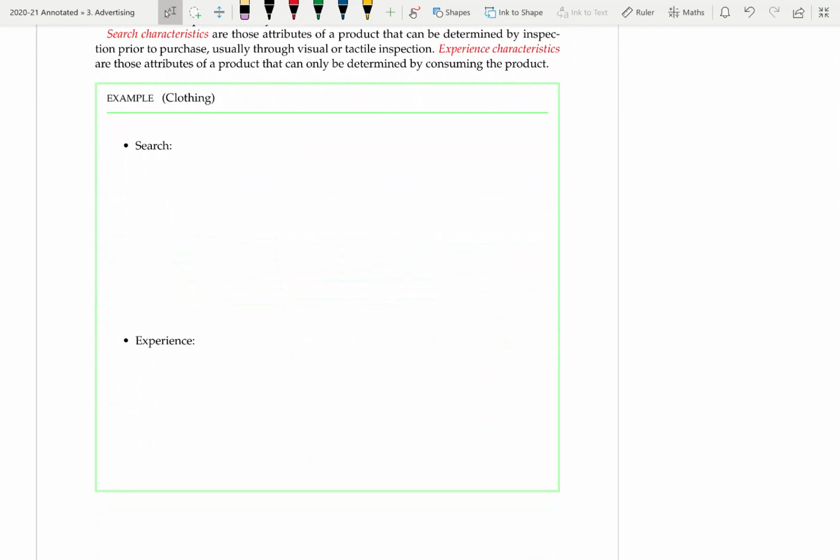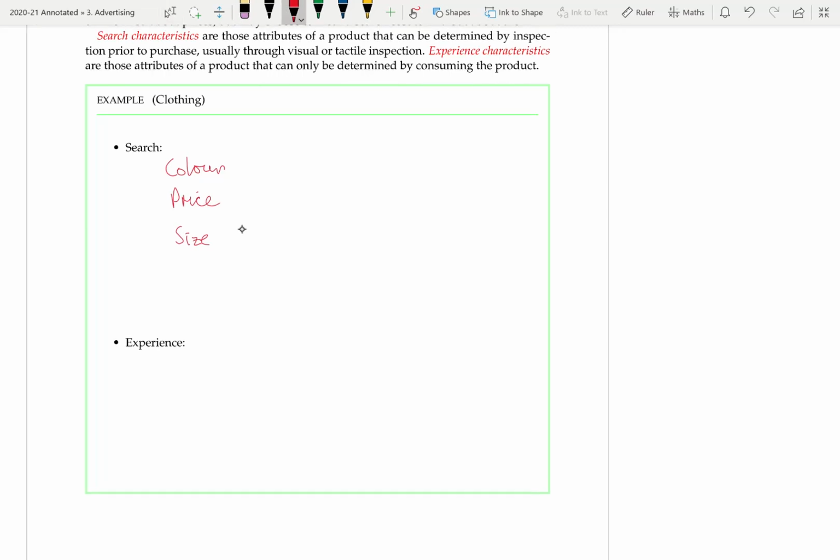So let's look at an example so we can understand these two different types of characteristics. Here we're going to think about clothing. What are some search characteristics of clothing? Some obvious ones: color, price, the size. So you can see the size on the tag: medium, small, large, 10, 12, 14. Although you might be able to see the size before you purchase, if you're purchasing online, possibly you don't know the exact dimensions of the clothing until you've purchased.